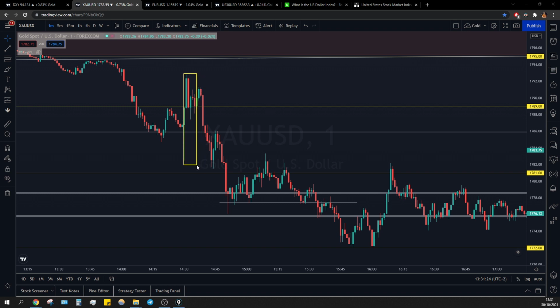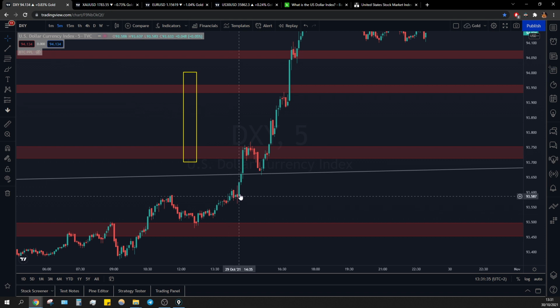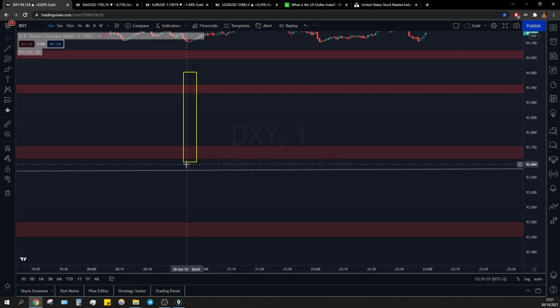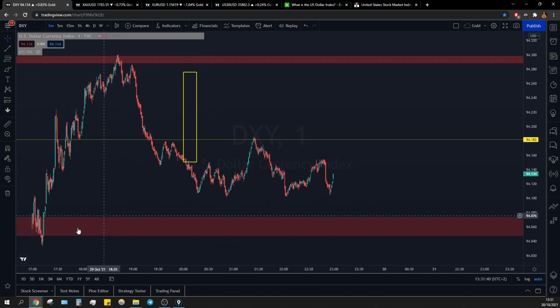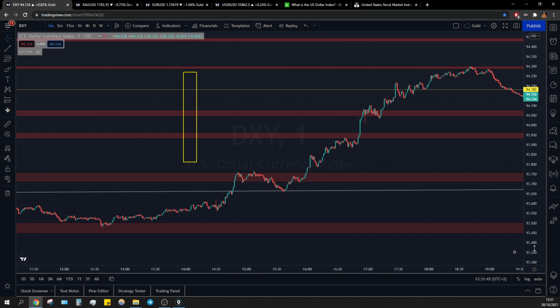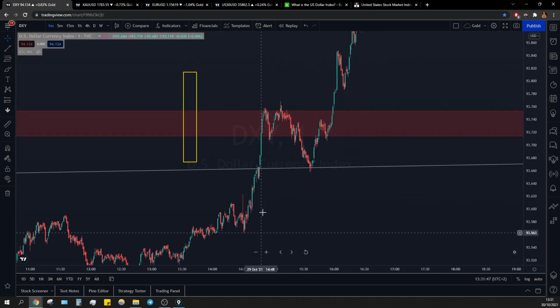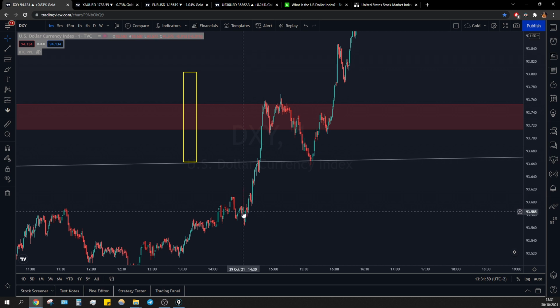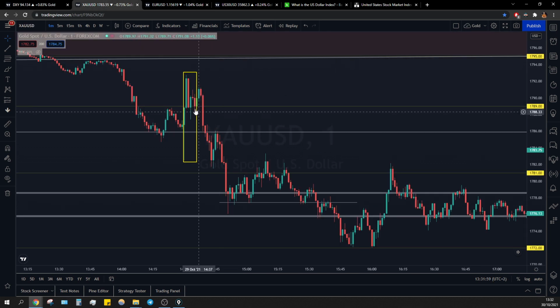As you can see here, this 5-minute candle that I showed you was totally different from the result of this 5-minute candle. We can break it down as well. As you can see, it's almost the same, but it closed much more bearish than gold.